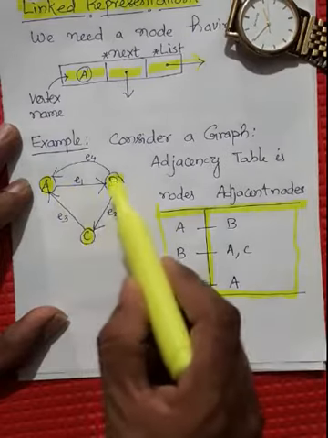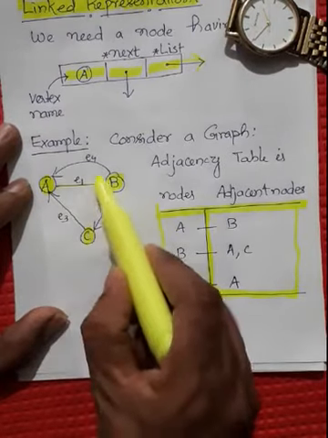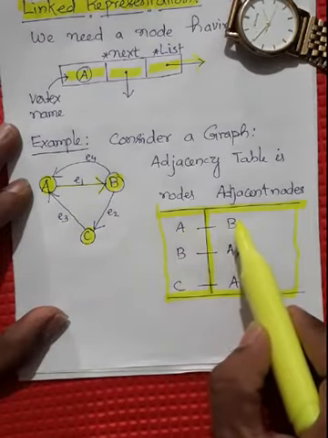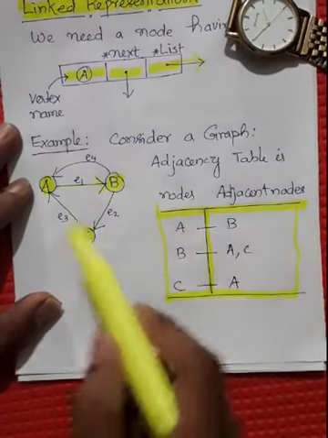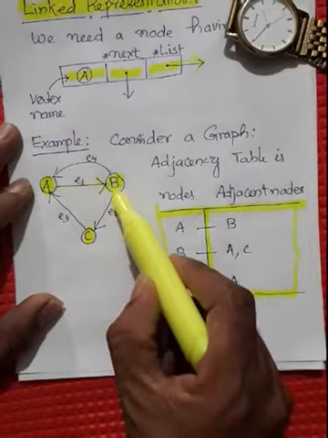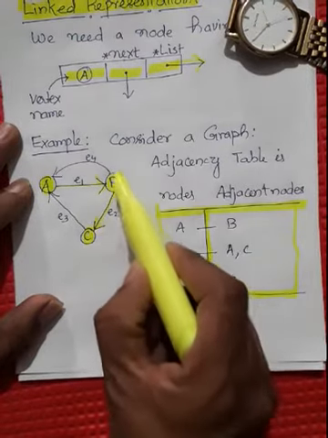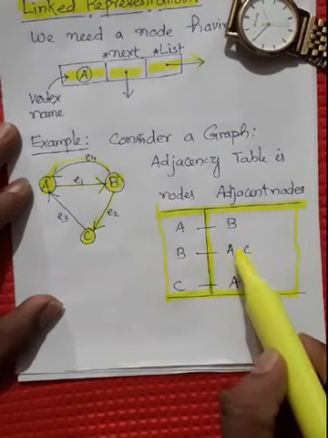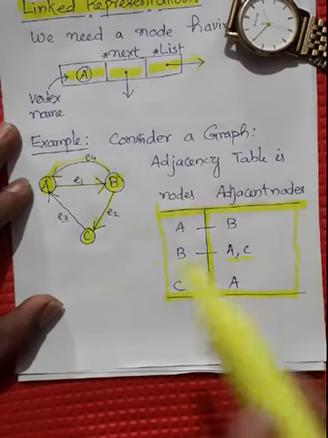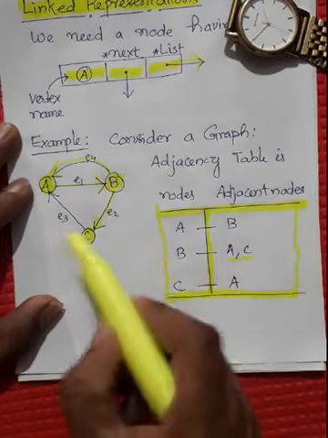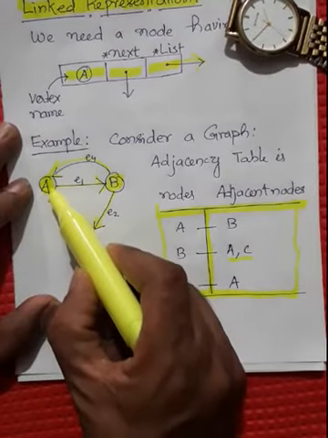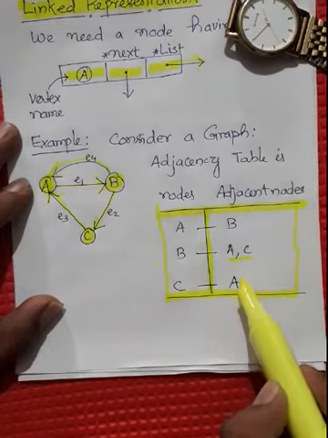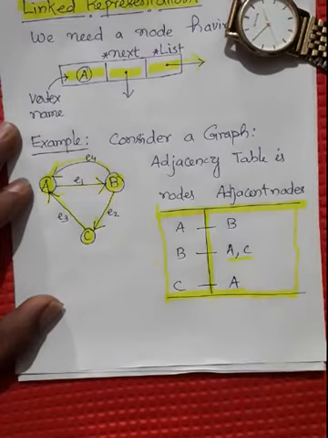A to B, there is a connecting edge present, so A and B are neighbors, adjacent. Now from B to C there is a connecting edge, and B to A also there is a connecting edge. So B to A and C both are the neighbors or adjacent. Now similarly, C to A there is an edge, so A is the neighbor.